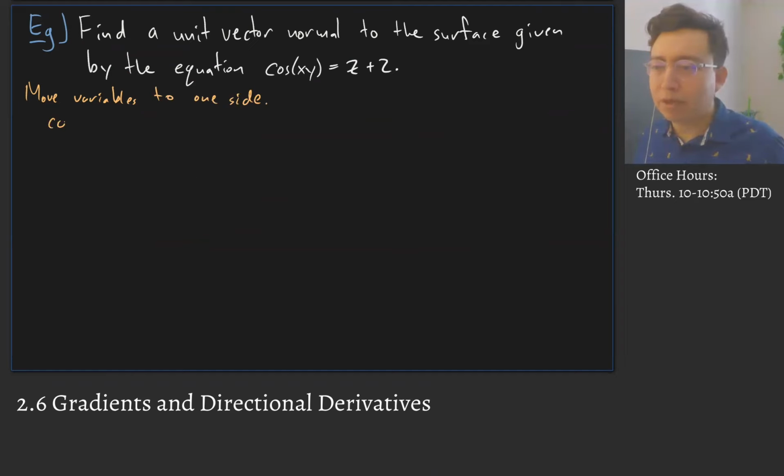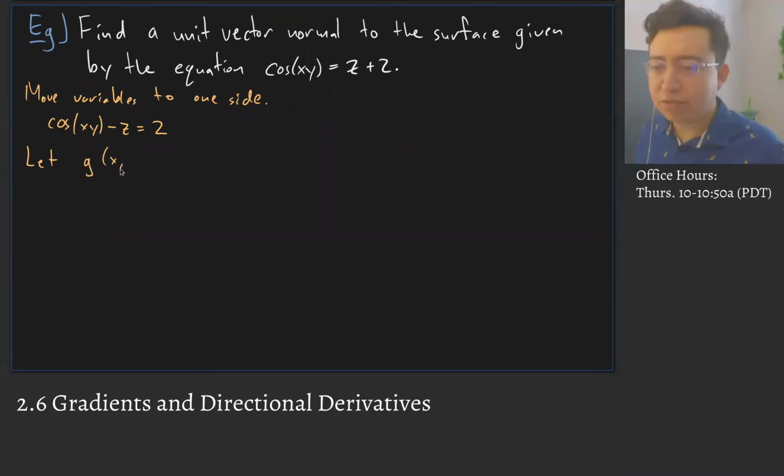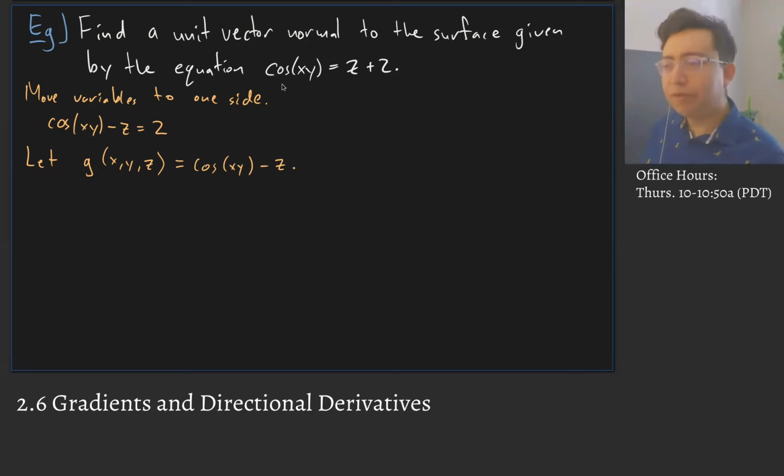Okay, so here we're going to say cosine of xy minus z is equal to 2. And then we're going to let g of xyz equal cosine of xy minus z. So what we've done is we've moved all the variables to one side and said that side of the equation, which has all the variables, we're just going to call a function of xyz.